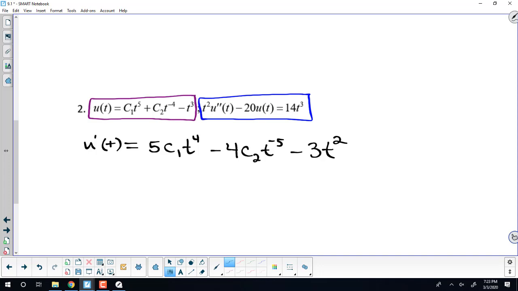Okay, u double prime is 20 times c1 t cubed plus 20 c2 t to the negative 6 minus 6t.